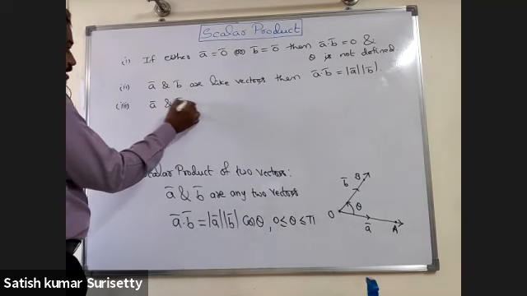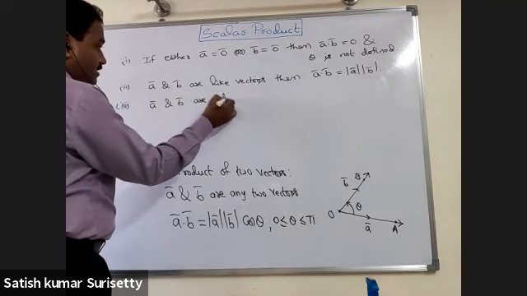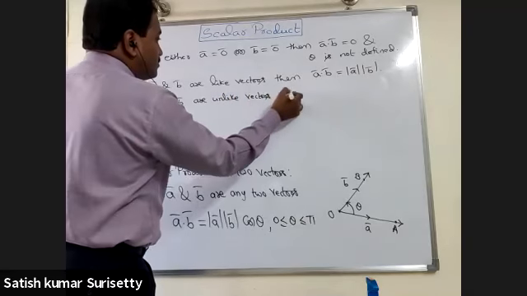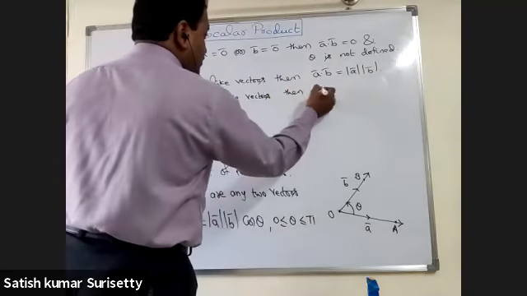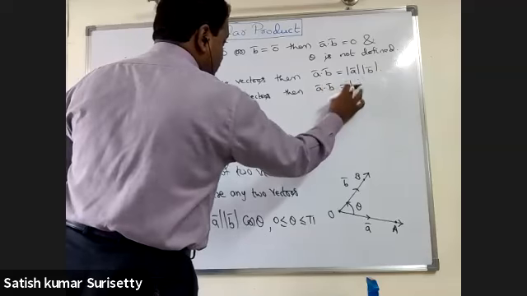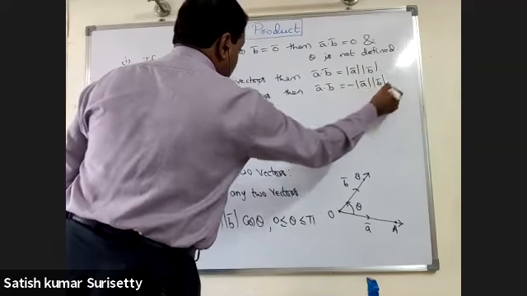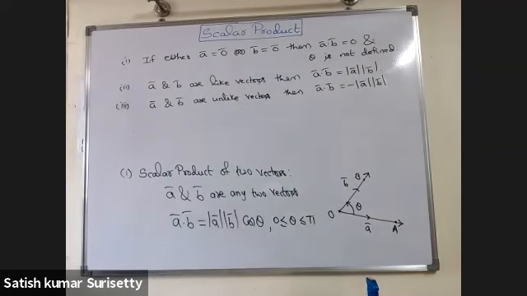If A bar and B bar are unlike vectors, then A bar dot B bar equal to minus modulus of A bar modulus of B bar, so the angle between them will be 180 degrees.